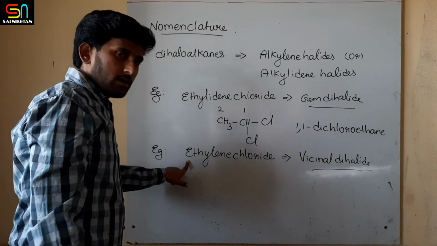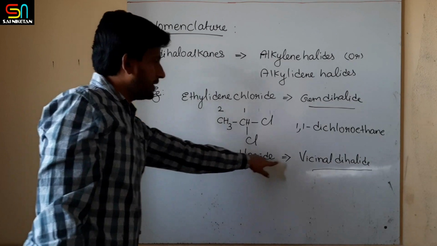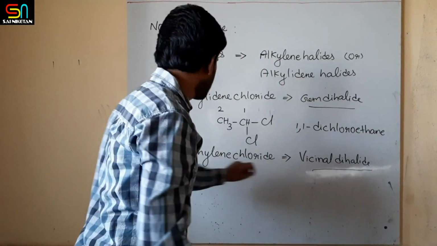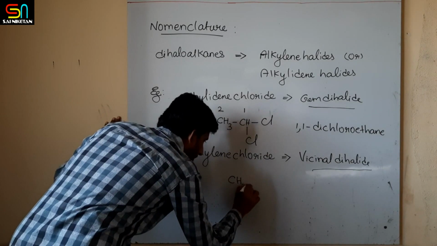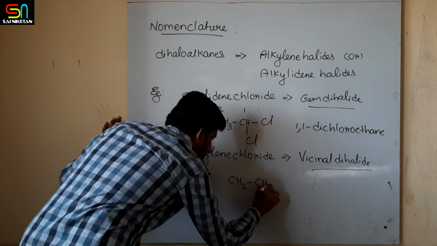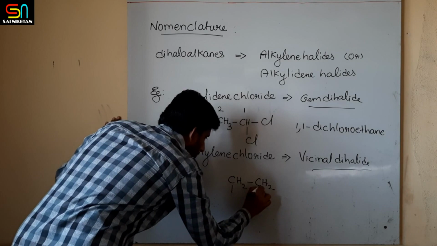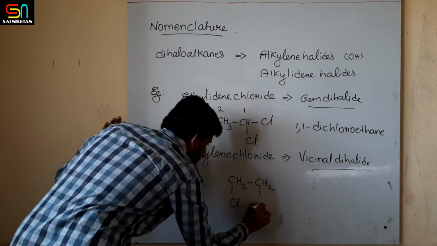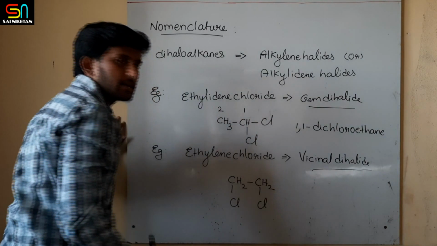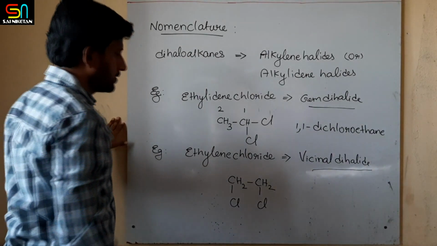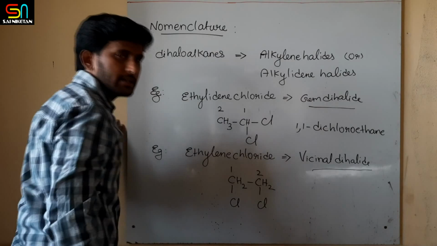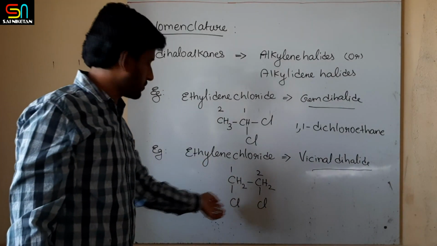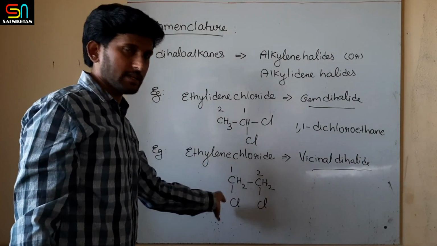Similarly, what is ethylene chloride? It is a vicinal dihalide. So that means I will write the two halogen atoms on adjacent carbons. Now numbers 1 and 2 can be written from either side, because both chlorine atoms are present adjacent to each other.